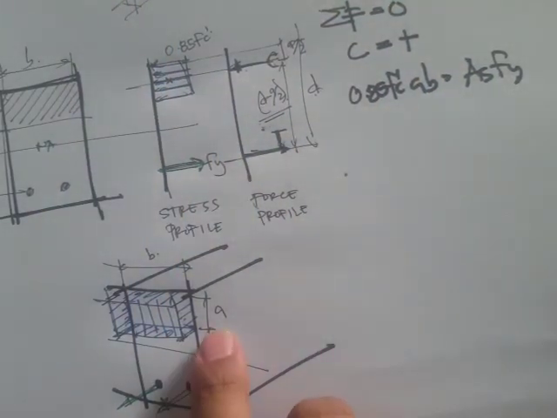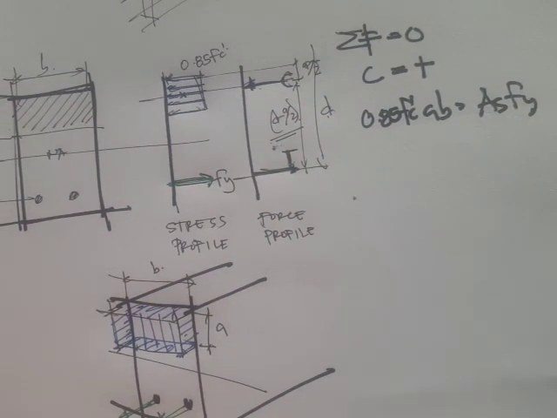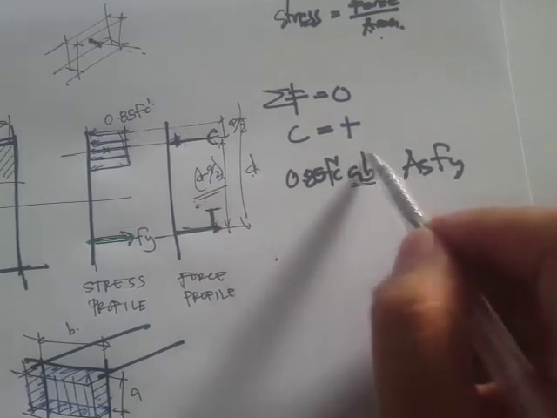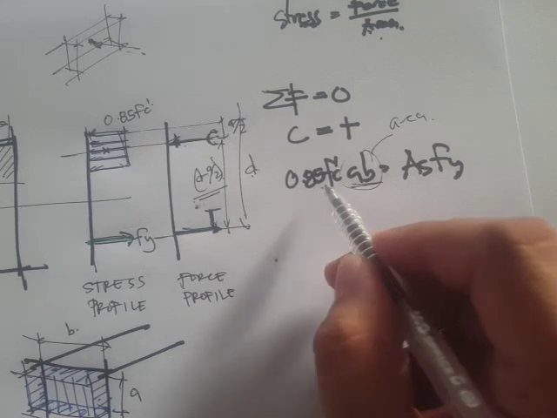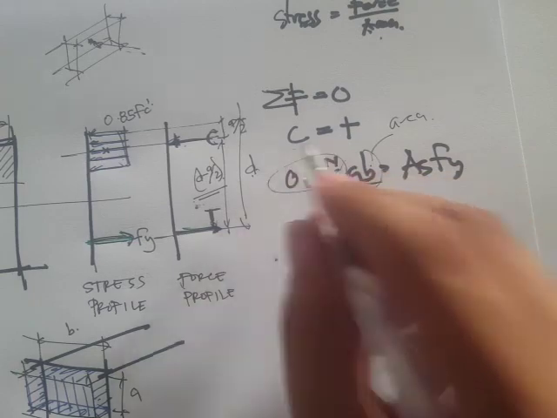Okay, so we have this A times B. What's A times B? That's actually the area, right? So this is our area, A times B. And then what's this 0.85 FC prime? That's our stress, right? So stress times area, that's our force.